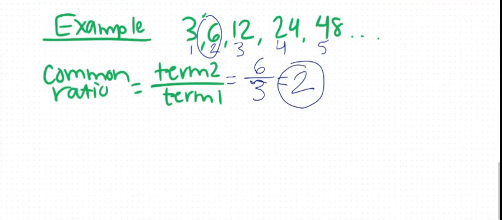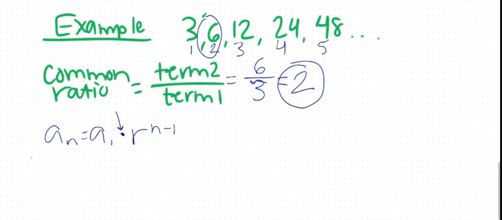Next, I'm going to plug into my general form. So my general form says a sub n is equal to a sub 1 times the ratio to the n minus 1. I use lots of different symbols for times. The dot is one of them. The little asterisk or the little star is another. But I have my general form.